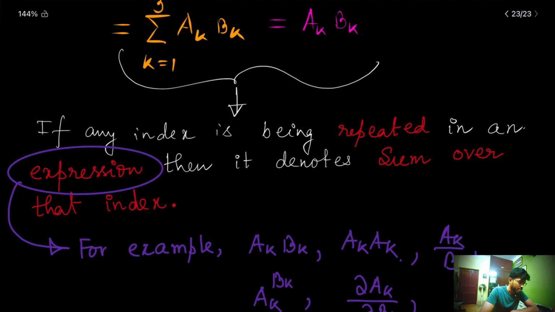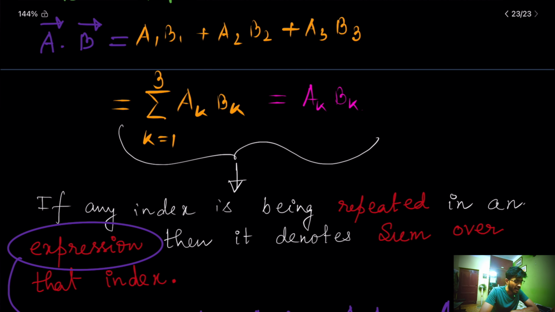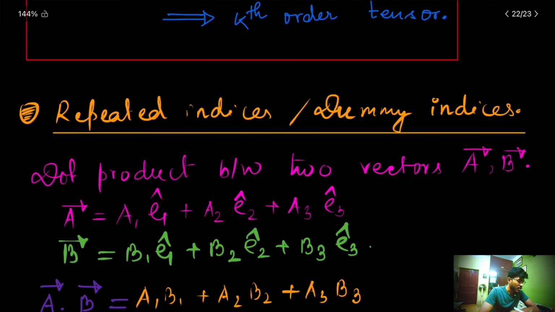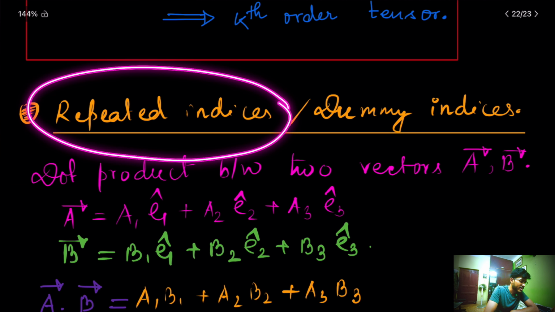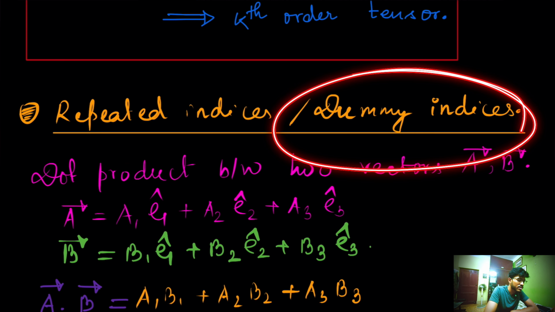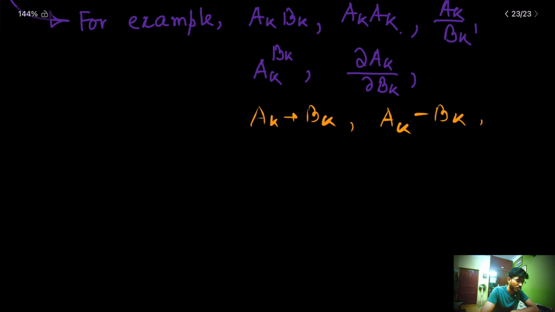Okay, so I hope it is clear what we mean by a dummy index. Now, why the name repeated index? I think that is clear, because it is being repeated. But why the name dummy index? Now let us see.